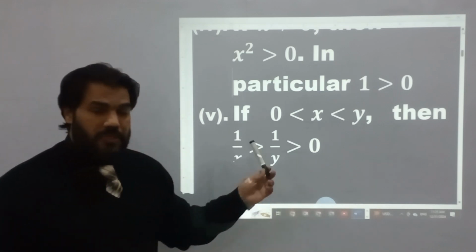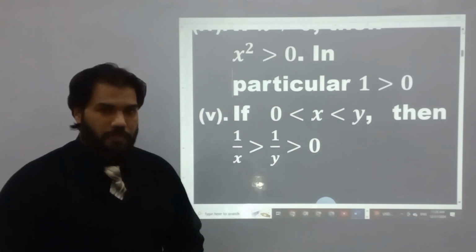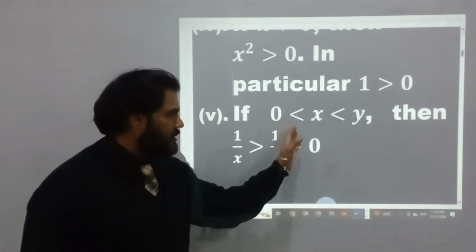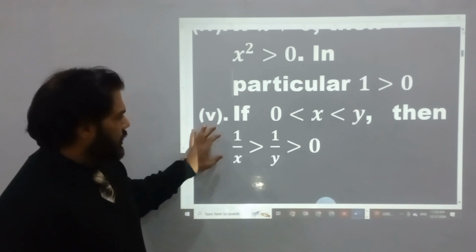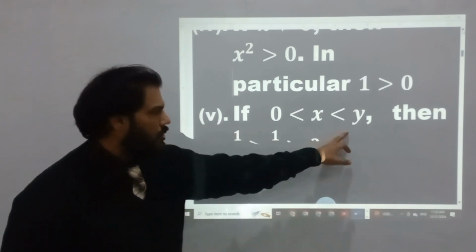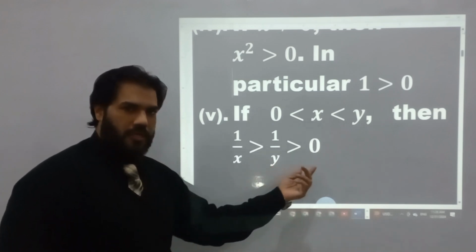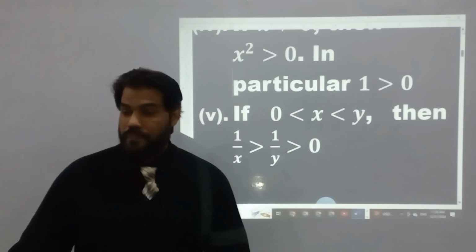Fifth one, if 0 is less than x and x is less than y, meaning to say x and y both are positive real numbers such that x is the smaller and y is the larger real number, we have to show that 1 over x, that is the reciprocal of x, is greater than the reciprocal of y, but both reciprocals are greater than 0. So these are the 5 axioms that we need to show.